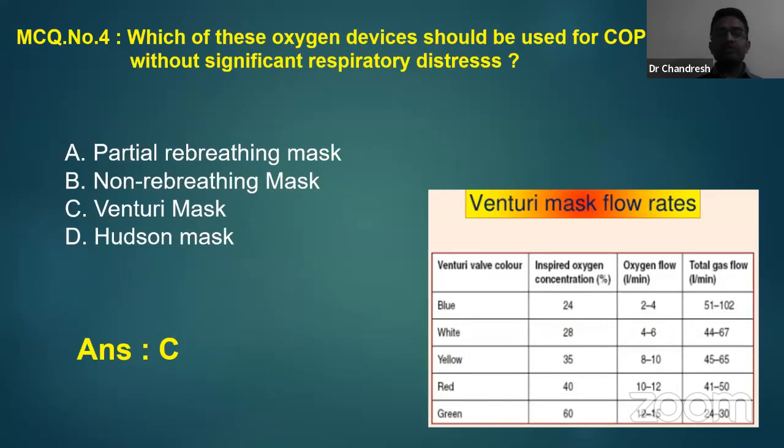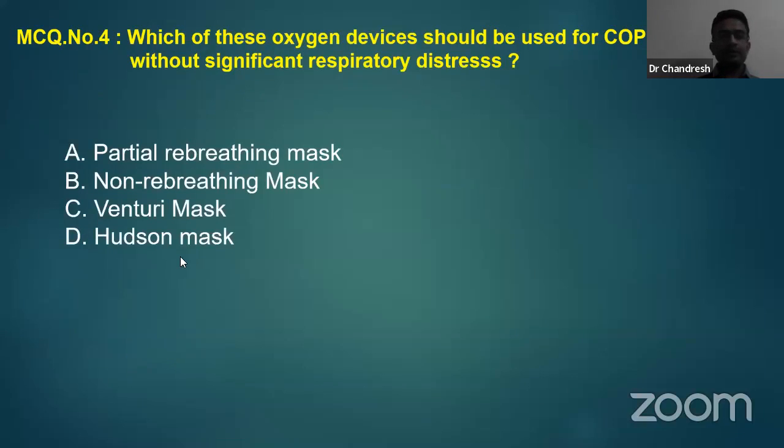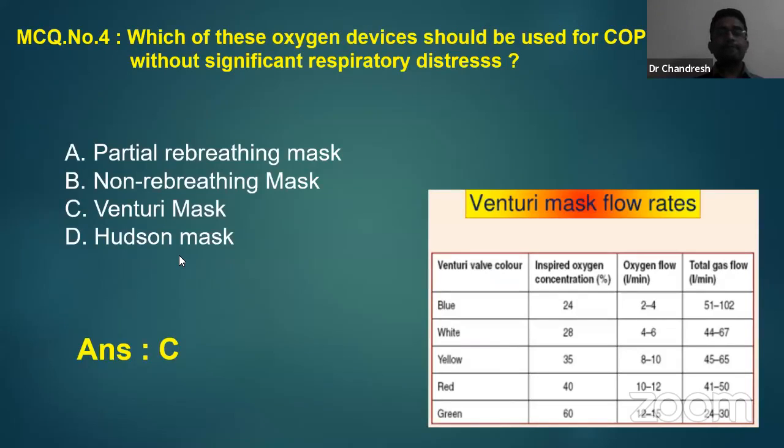COPD patient who is not having respiratory distress, means here again, as we discussed in the case scenario, these patients do not need higher FiO2. So it means even the 21% will be sufficient. Maybe 24 or 28%, very low FiO2 will be sufficient for this COPD patient. Which device among these 4 options can give precise FiO2? That is a Venturi mask. And that's why the answer is Venturi, C. Next.